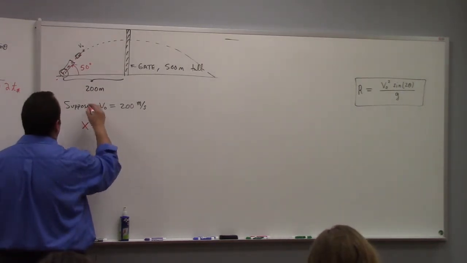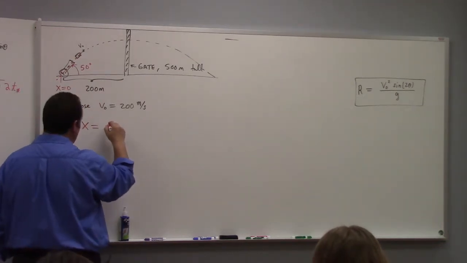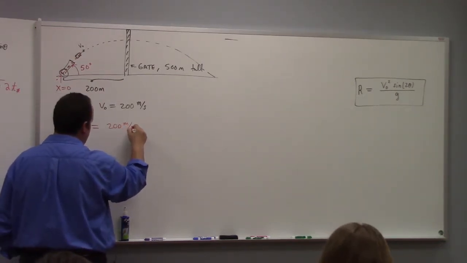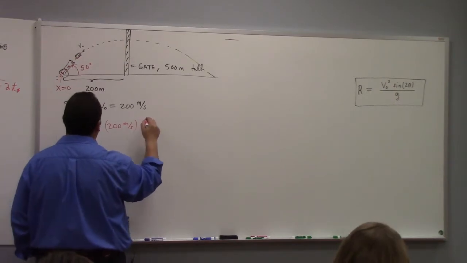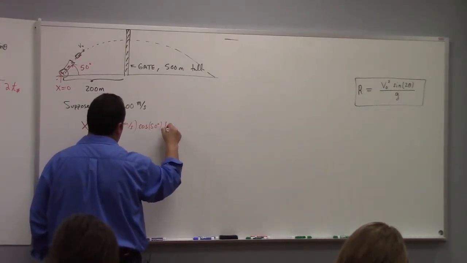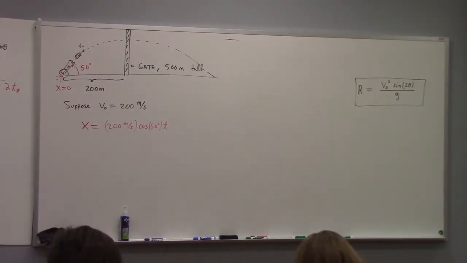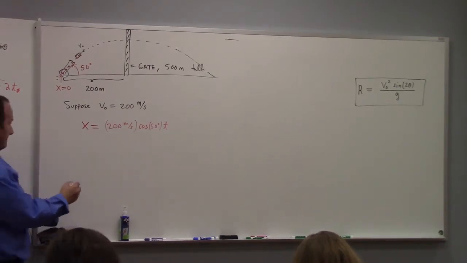If that's 50 degrees, then we have the following equations. Let's make this at x equals 0. So x is going to be equal to 200 meters per second times the cosine of 50 degrees times time. That's my formula for x as a function of time: the initial velocity times time, because there's constant velocity motion in the x direction, since the acceleration is 0. How about y?